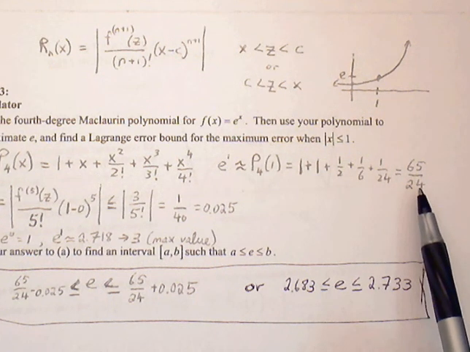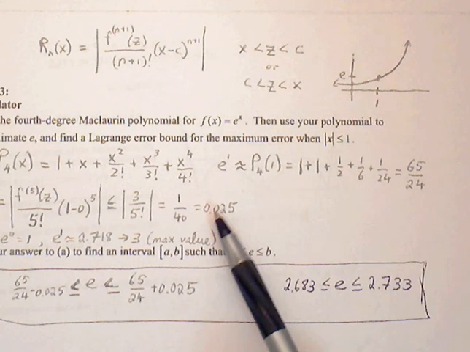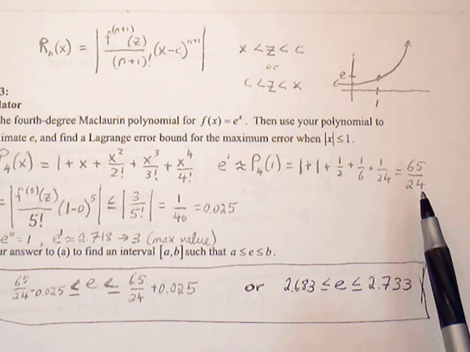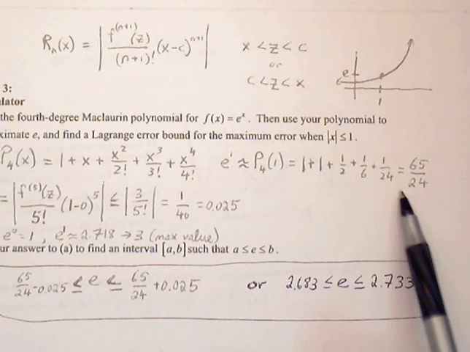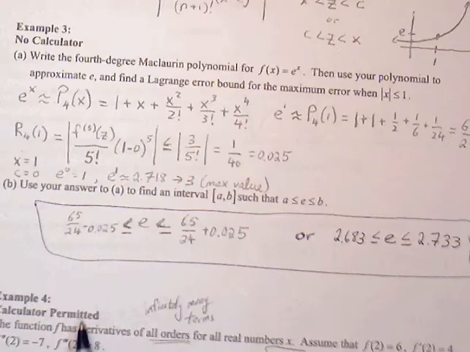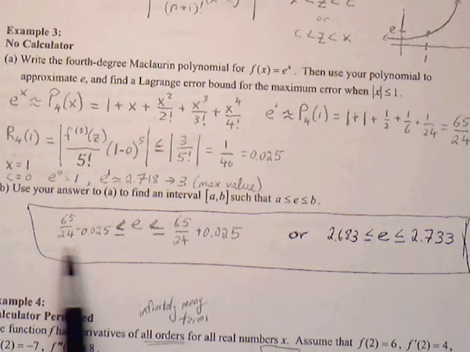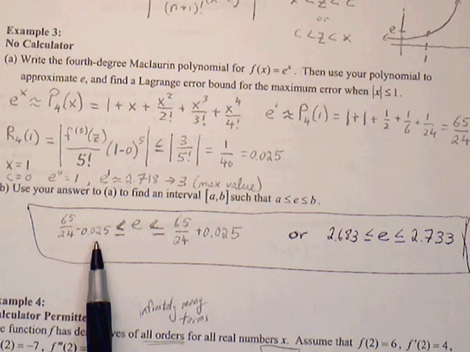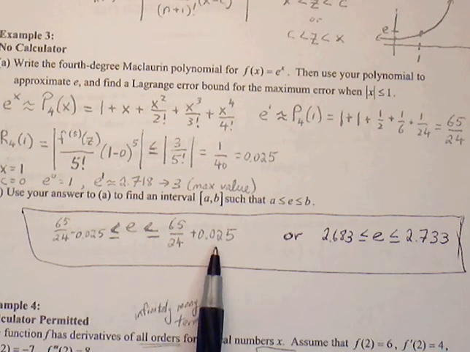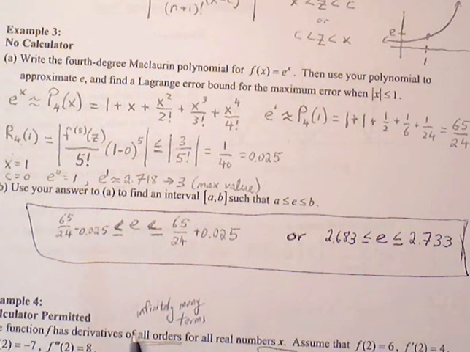So 65 over 24 minus 0.025 is the lower bound. The upper bound will have to be the approximation plus the error. So when we do that, we know our e value must sit between 65 over 24 minus 0.025 as a lower bound, and the upper bound being 65 over 24 plus 0.025.